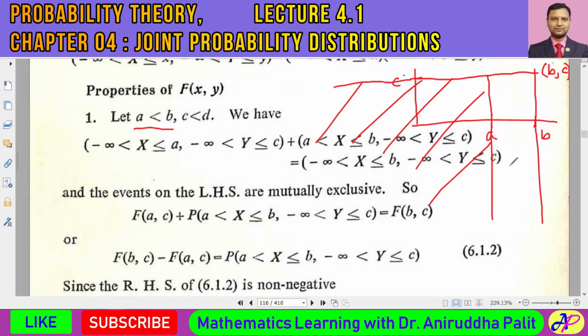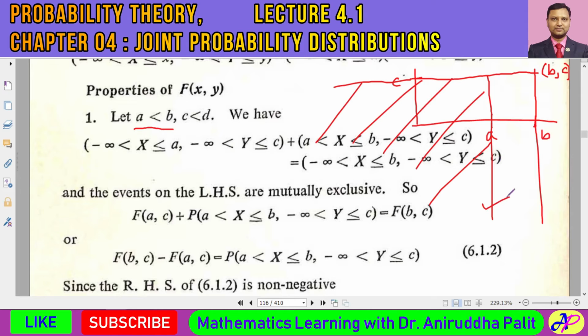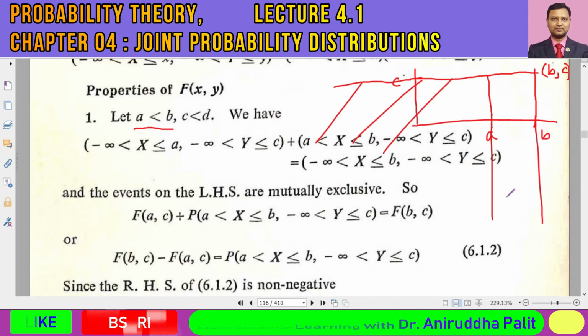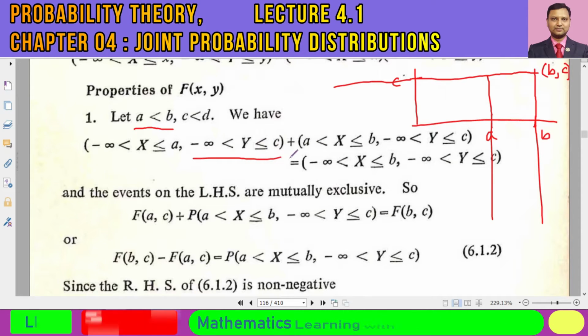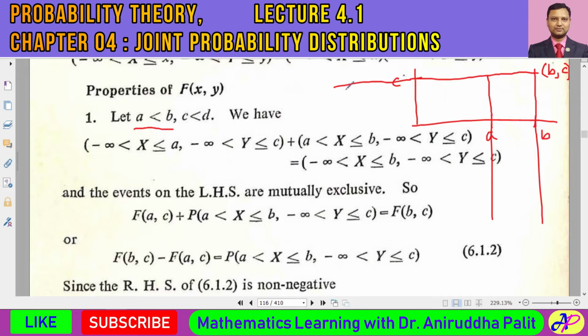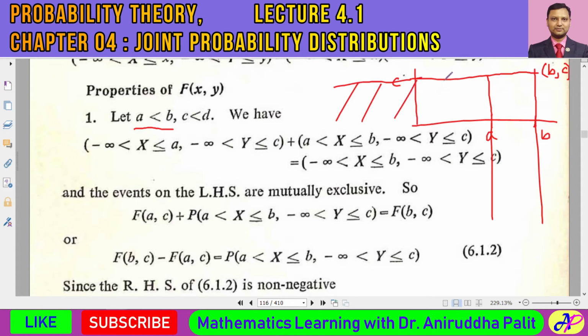Why less than or equal to a? Because over here this is the straight line x is equal to a, and of course minus infinity less than y less than or equal to c is there. It means that we shall have to consider the region below this straight line y is equal to c.